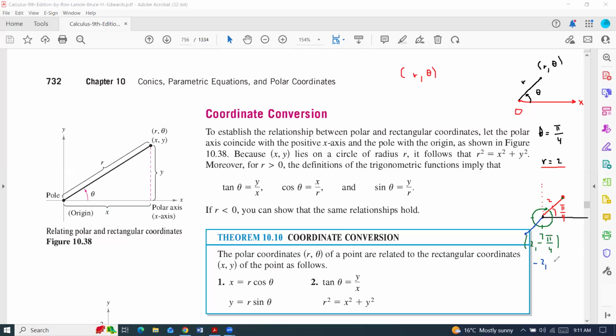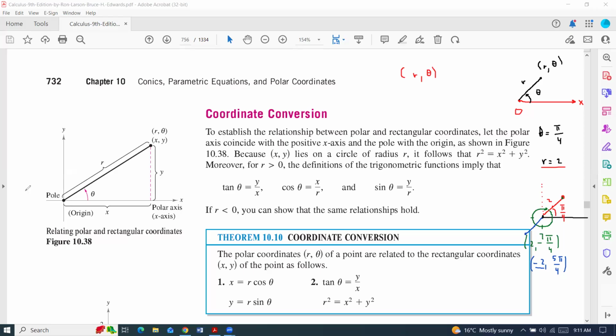So that will be not 1 pi over 4, but 5. Because if I go 1, 2, 3, 4, 5 pi's over 4, it'll be on that ray. But if my radius is negative 2, I have to reflect it in the opposite direction. You see, these points are all the same.